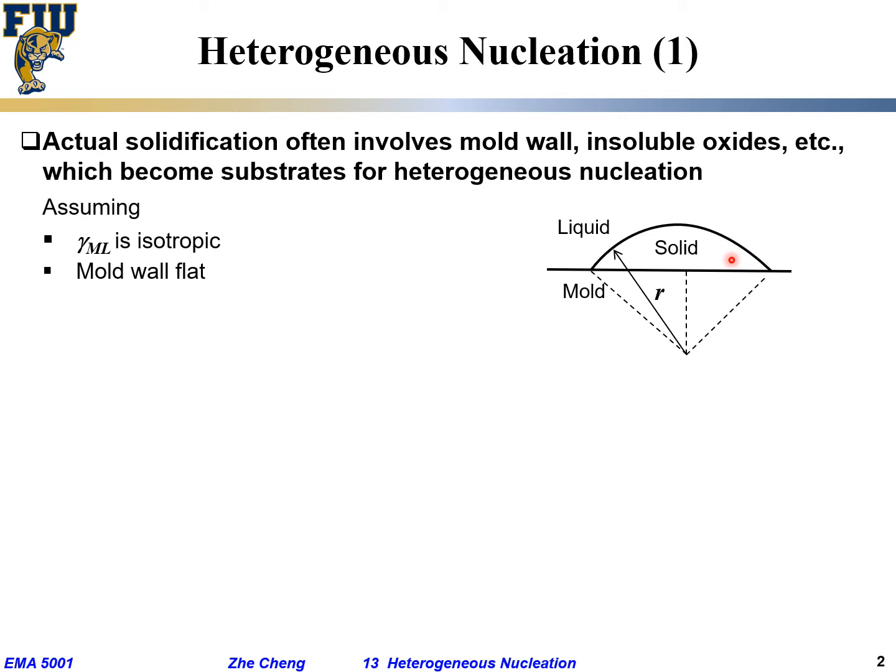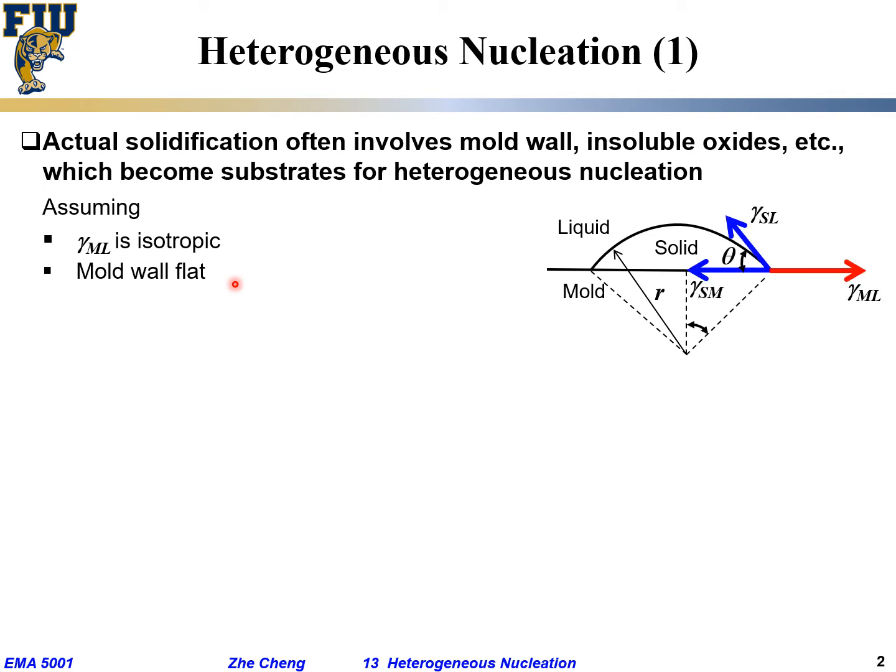Of course, it may not take that shape, but let's treat it as a sphere cap. The radius of curvature of that sphere cap is defined as R. So heterogeneous nucleation is happening at the mold or substrate, next to the liquid. We assume it's isotropic, and flat to simplify the geometry.